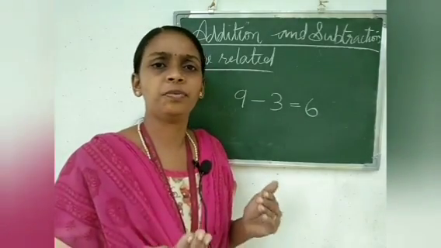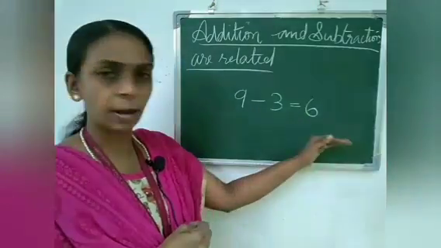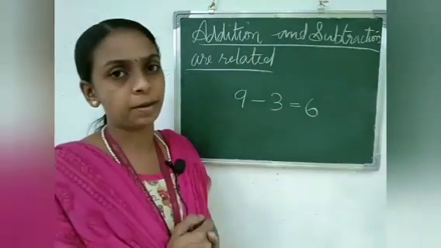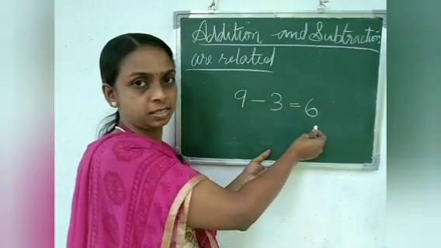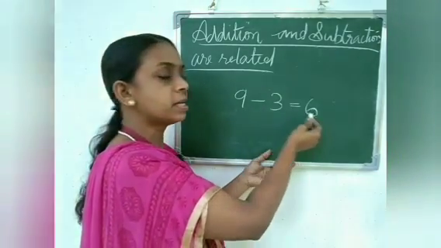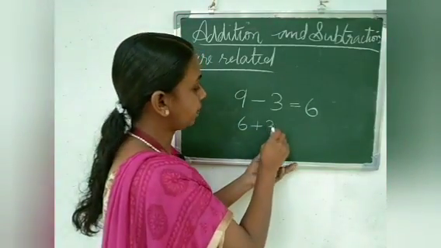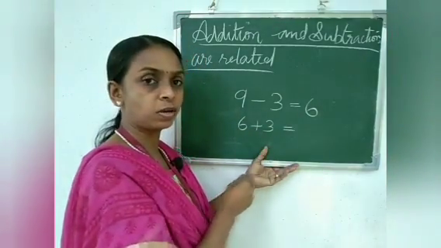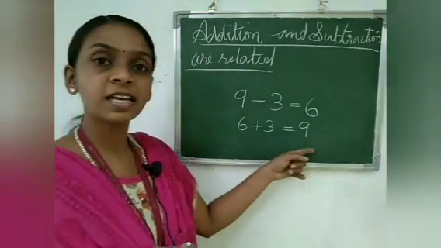So how can we say addition and subtraction are related? This is the subtraction problem. Here 9 minus 3 is 6. Look here, 6 plus 3. 6 plus 3 is 9.